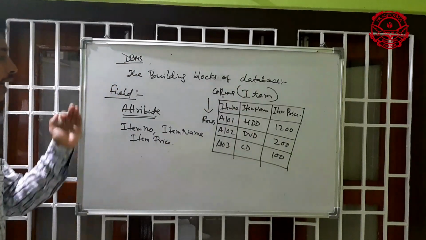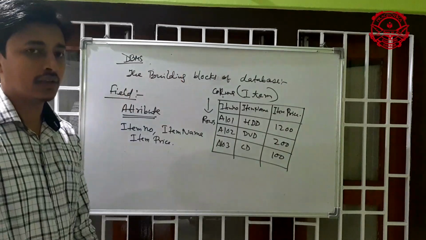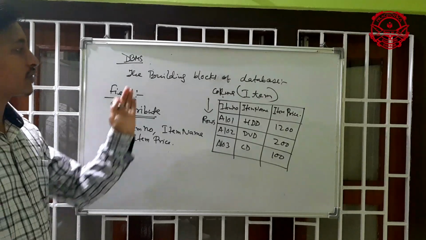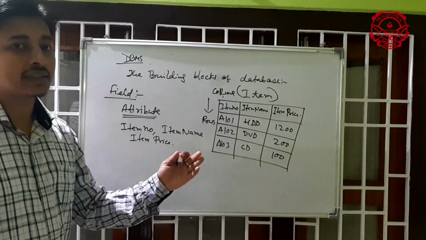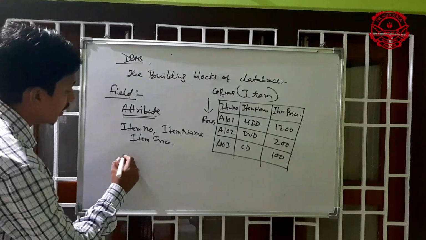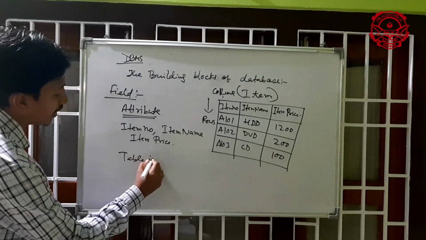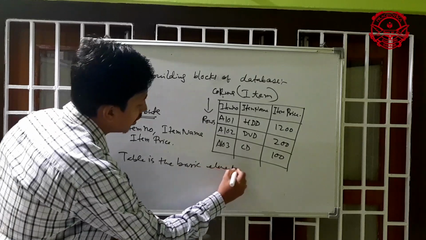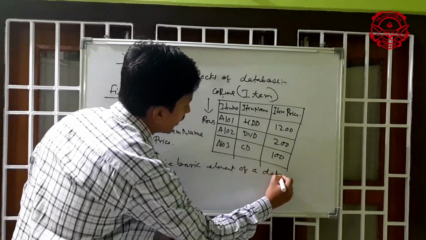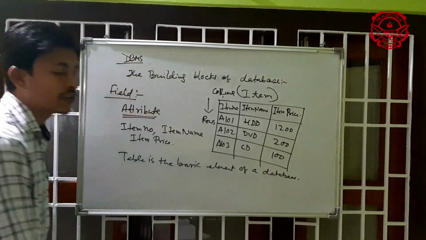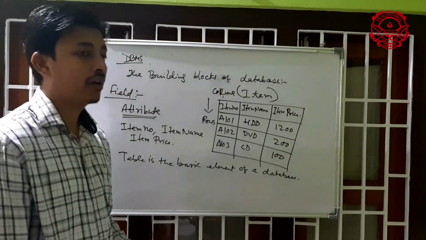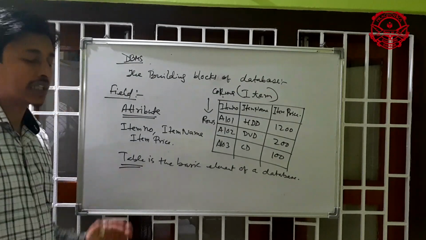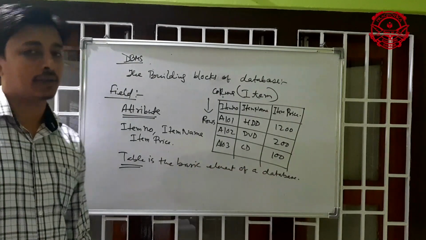Table, record and field are the elements of database, but the basic element of database is the table. In your exam, the question may be: what is the basic element of a database? The answer is table.